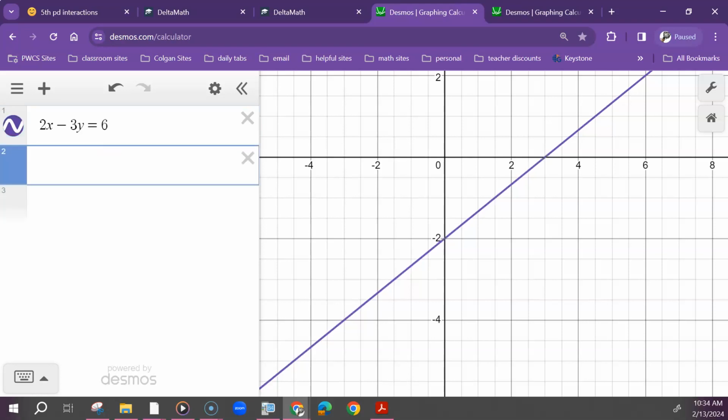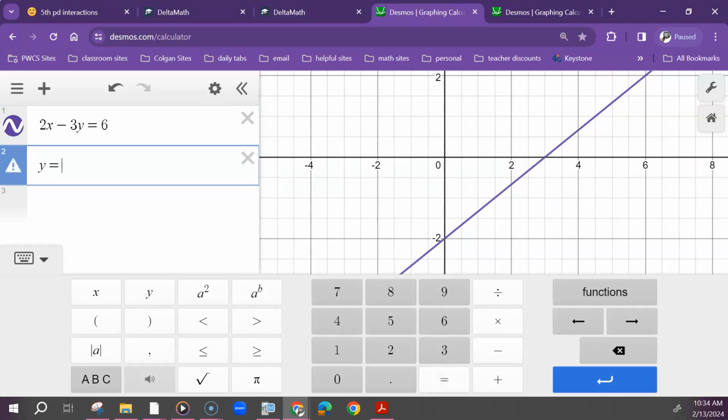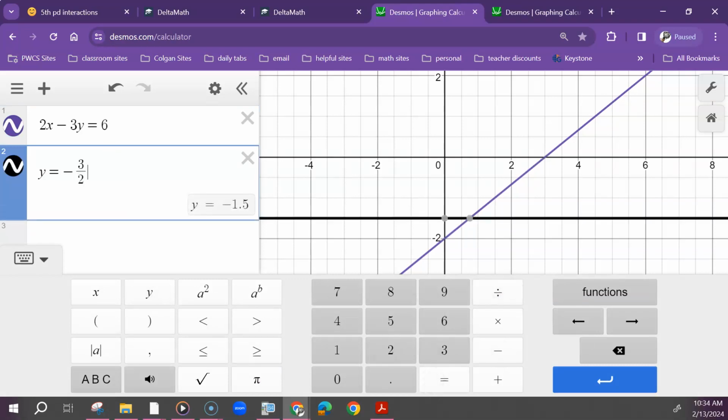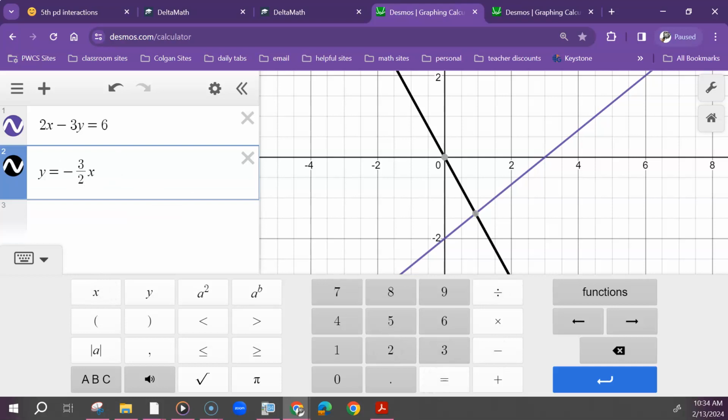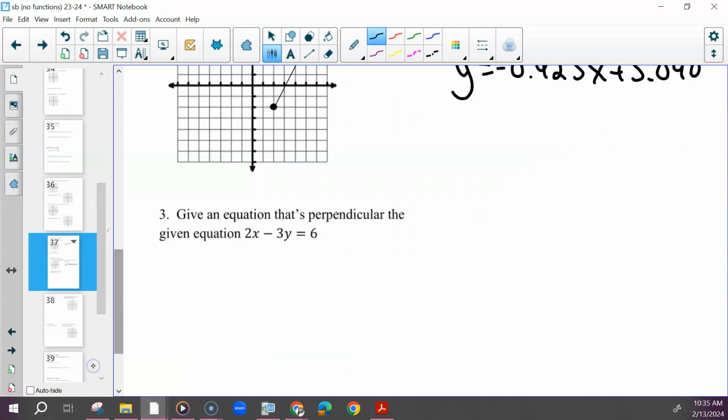So I could use any equation that's y equals negative 3/2 and put whichever y-intercept I want. It could be the same, it could be 0, it could be whatever number you want. So fill in your B. Questions on it?